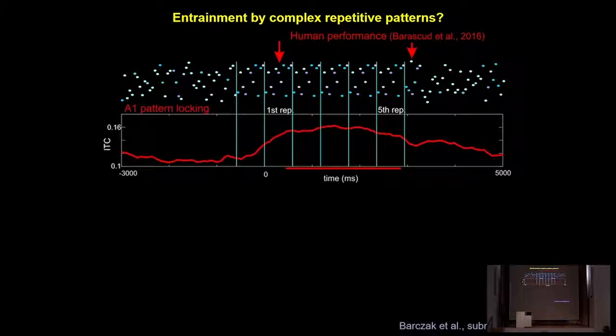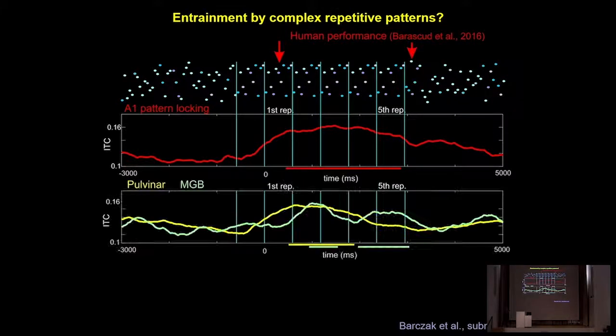And what we found is the answer for both is yes, since when we measured ITC at the delta frequency that corresponded to the repetition rate, we saw that it rose above significance somewhere throughout the first repetition in primary auditory cortex, and it was maintained throughout. Same in the thalamus. You can see pulvinar in yellow and MGB in green.